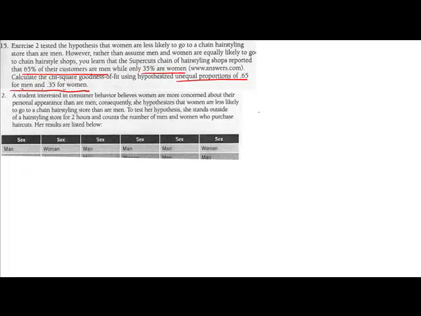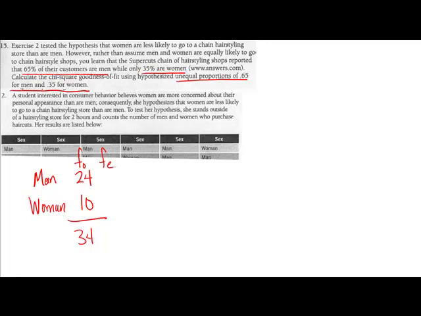I'll have more room over here. 24 men went and 10 women went for a total of 34. That's what we have observed.